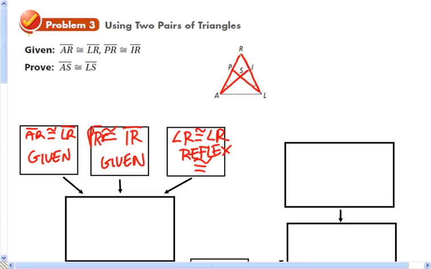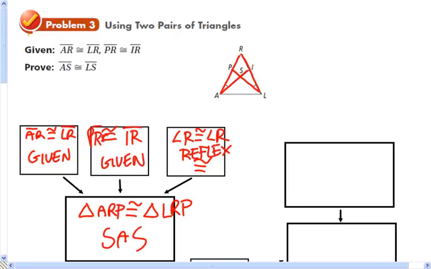And those three things together give us triangle ARP is congruent to triangle LRP, and that's by side angle side.